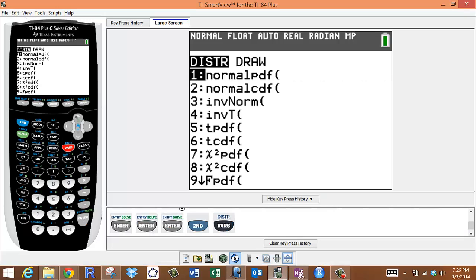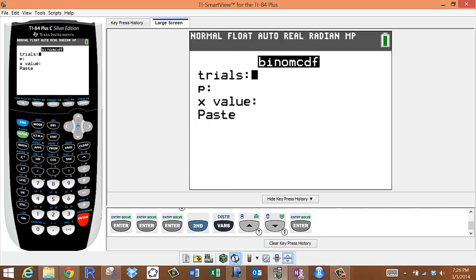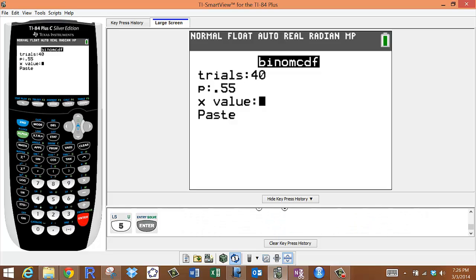So distribution, binomial CDF, and 40, 0.55, 20.